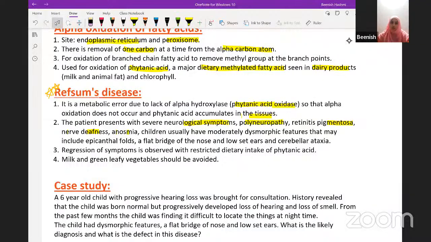You need to avoid milk and leafy vegetables that are rich in phytanic acid. Anosmia is loss of smell. Retinitis pigmentosa is night blindness due to damage to the retina. The person is not able to see in dim light.